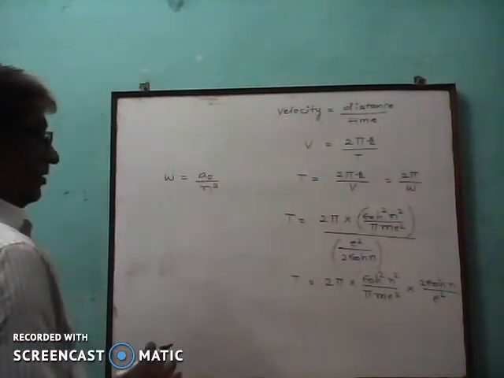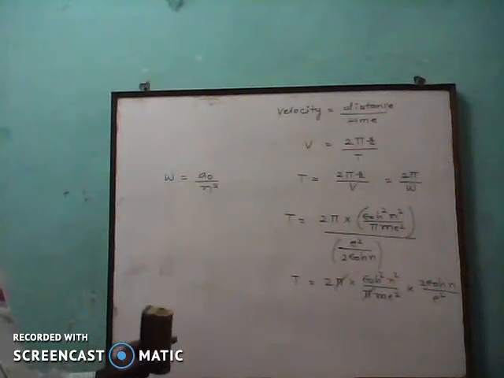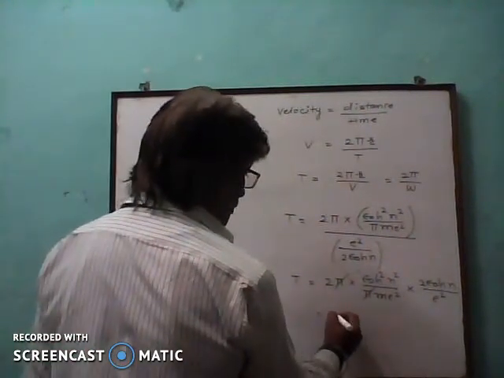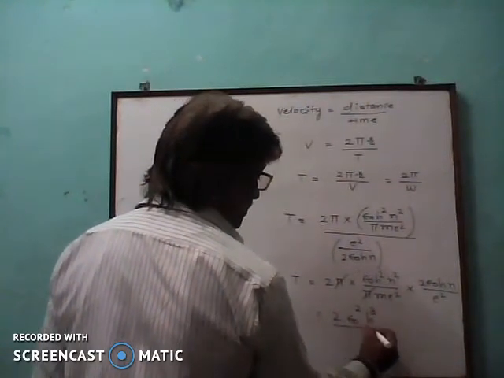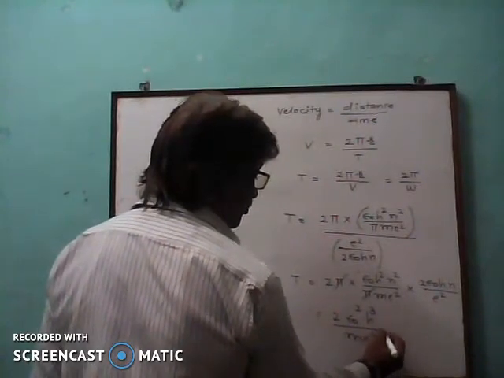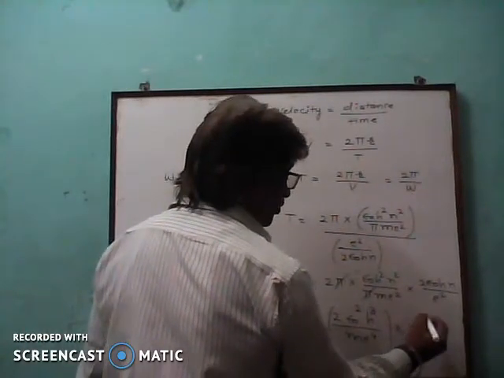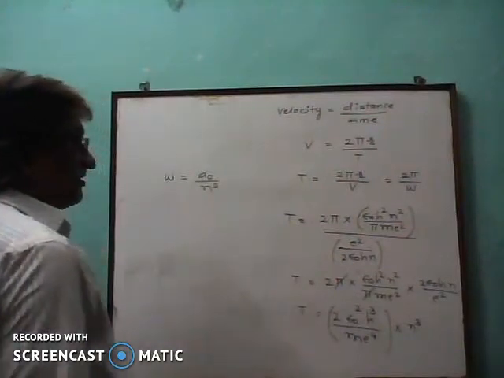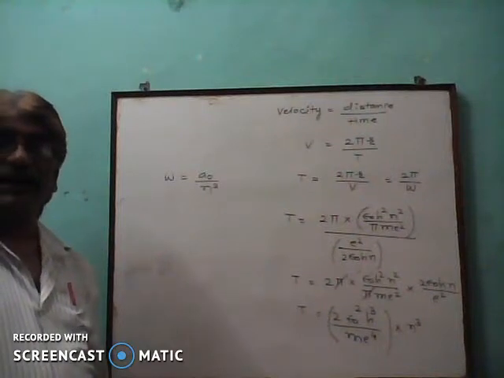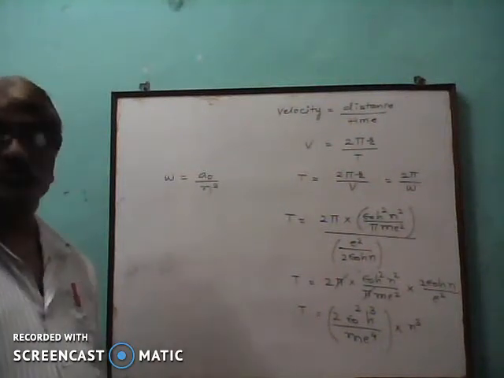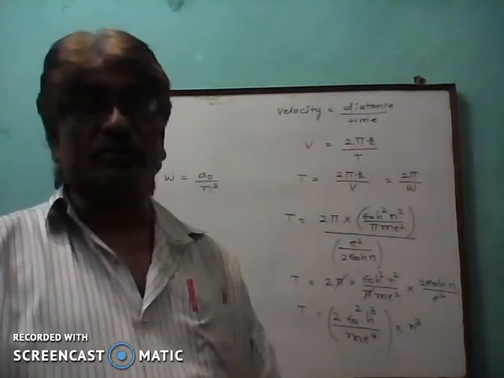Pi gets cancelled, and the other terms remain the same. So time period is 2 epsilon 0 square h cube divided by m e raised to 4, into n cube. That is the time period of the electron.